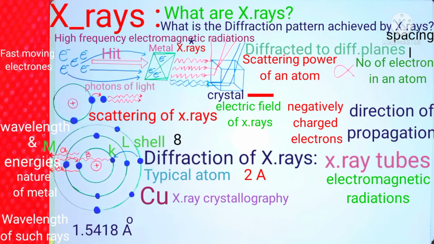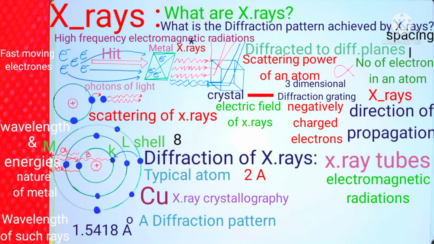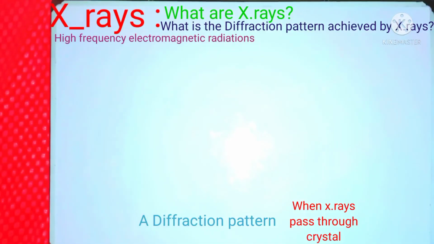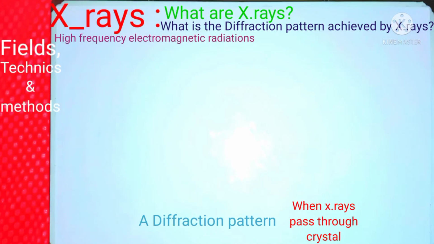The crystal acts as a three-dimensional diffraction grating towards X-rays. So a diffraction pattern is obtained when X-rays pass through the crystals. So students, there are many different types of fields, techniques and methods in which X-rays are used. The utilizing of X-rays in these fields, techniques and methods helps us to understand these phenomena thoroughly.